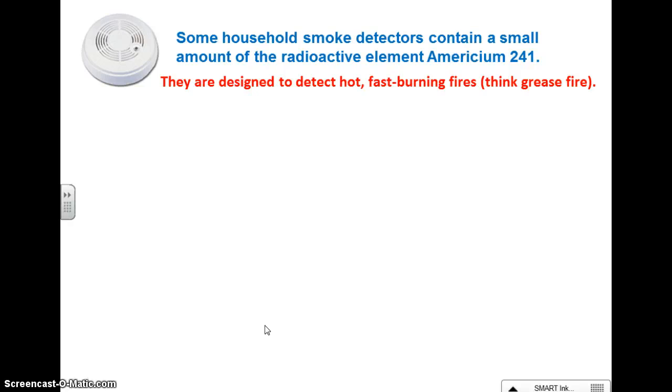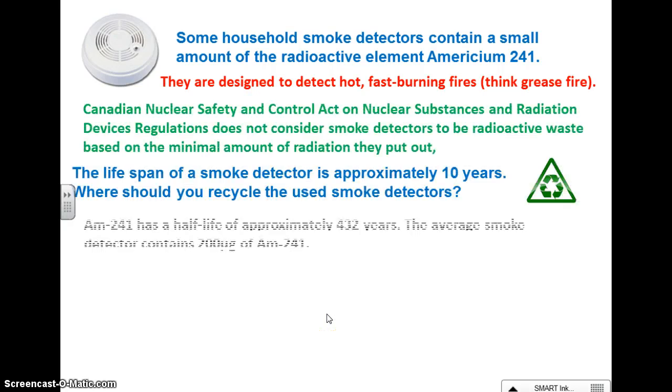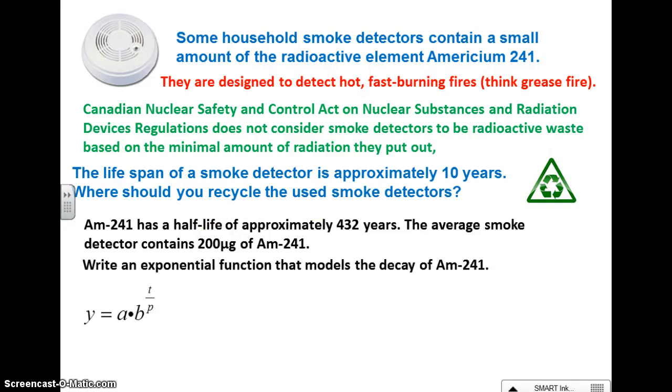And the next example talks about smoke detectors, and how they are designed. So again, as we read these questions, we have to make sure we read carefully and understand the context. And so obviously there's this Am-241 that has this half-life, and that's key as we're trying to discuss this.